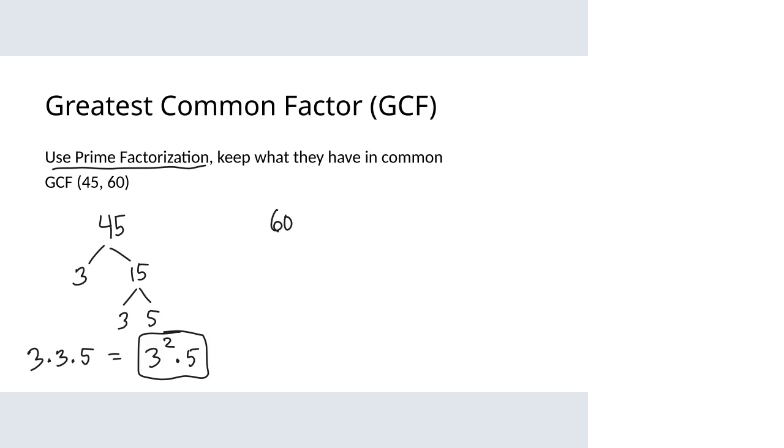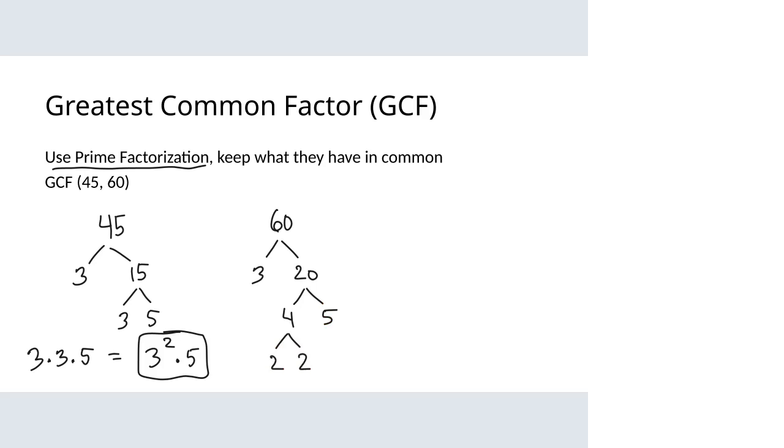Now we're going to do prime factorization of 60. Well, let's see. Again, I'm going to go unorthodox here. I'm going to do 3 times 20. Most of you probably did 2 times 30. That's okay. We're going to take different roads to get to the same place. And that 20, well, that's 4 times 5. And then that 4 is 2 times 2.